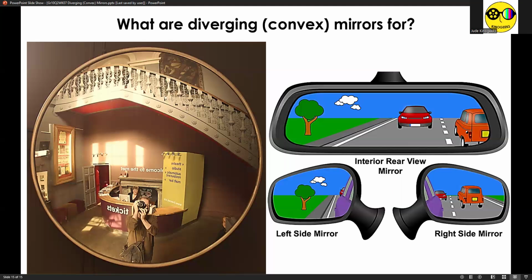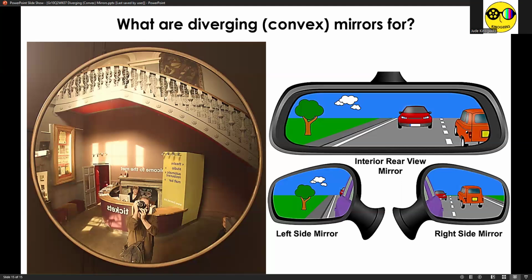With convex mirrors, if there is a shoplifter in a grocery store, not only do you have a wide, comprehensive view of the surroundings, but you can also witness a potential shoplifting happening, because some customers might be hiding some stuff that they will not pay for.